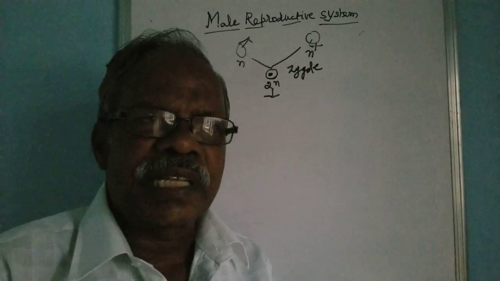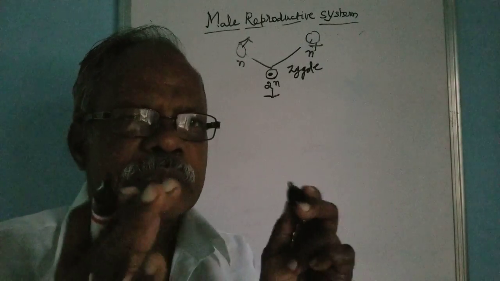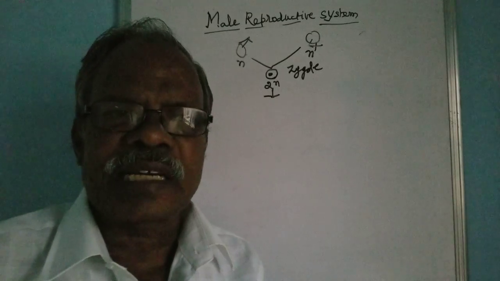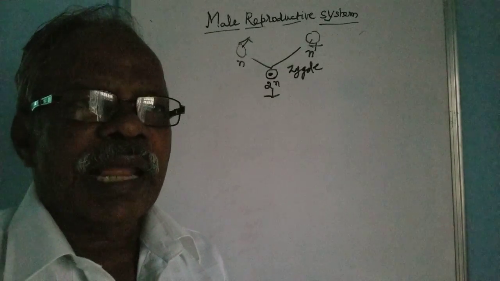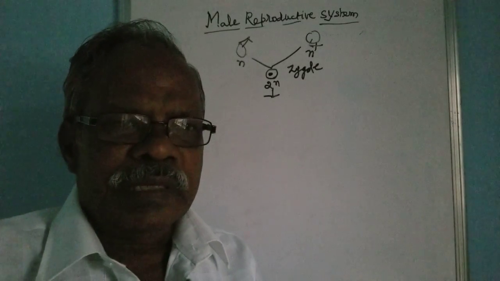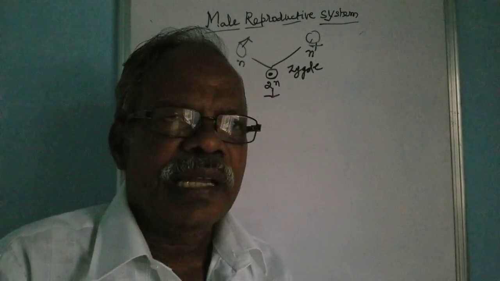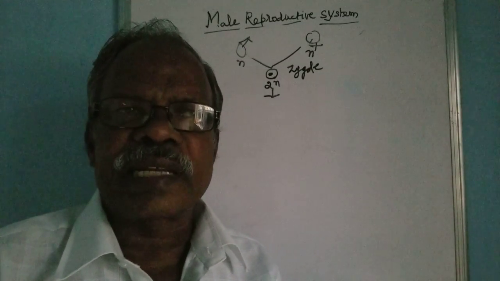That ball of cells is called the morula stage, and then a cavity is formed in the center, called the blastocoel cavity, and that stage is called the blastula stage.